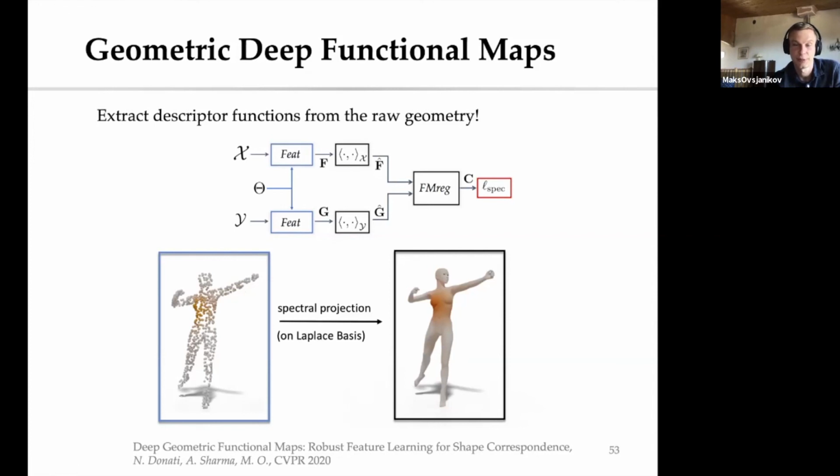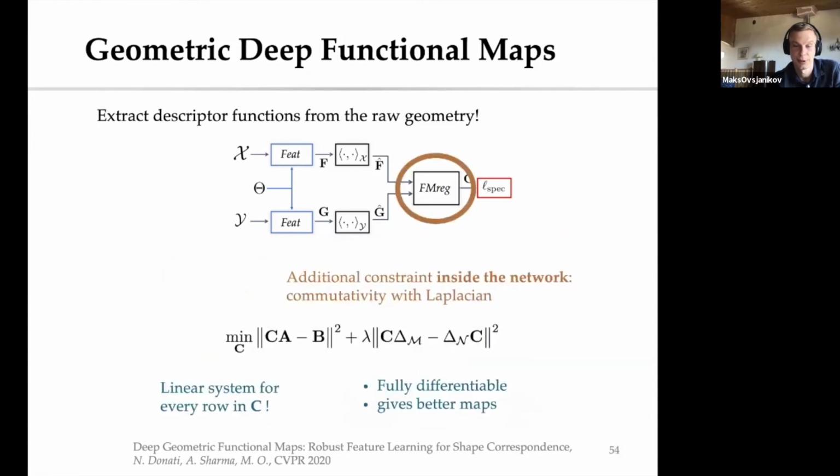One small modification that we introduced, in a paper that just appeared at CVPR, is we show how to solve this optimization problem inside a neural network. So we compute a functional map based on descriptors, but also add regularization inside a network in a fully differentiable way.